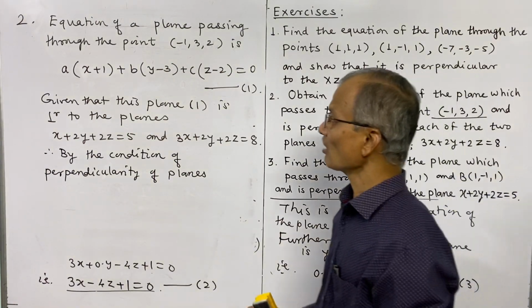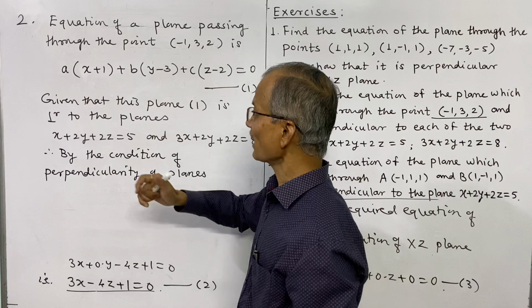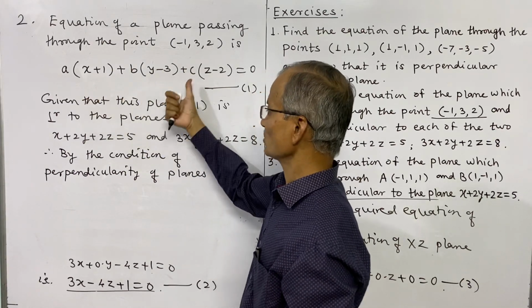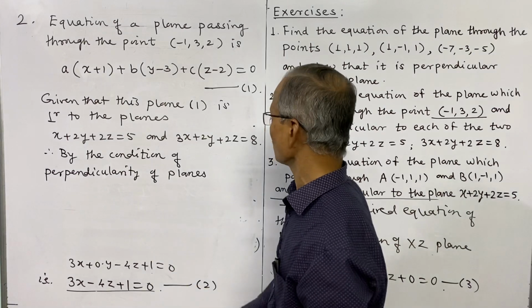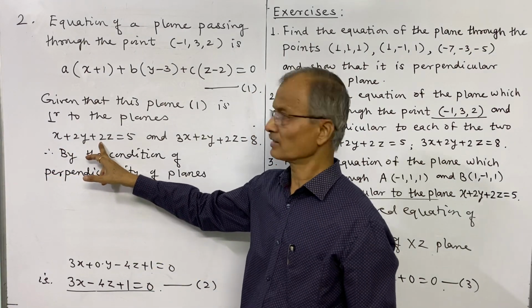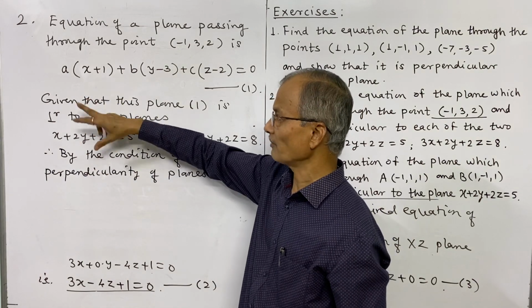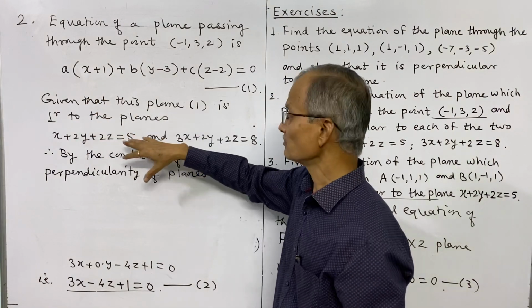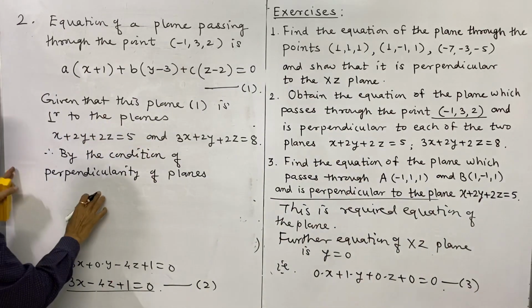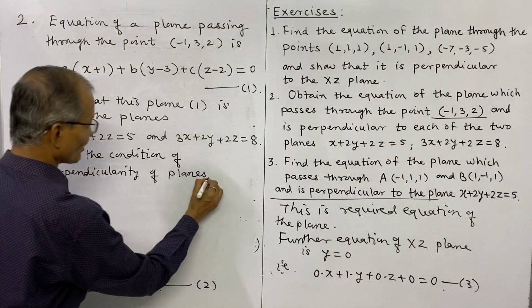What are the DRs of the normal to plane 1? A, B and C. And what are the DRs of the normal to this plane? 1, 2, 2. The sum of the products of the respective terms of these DRs is 0.